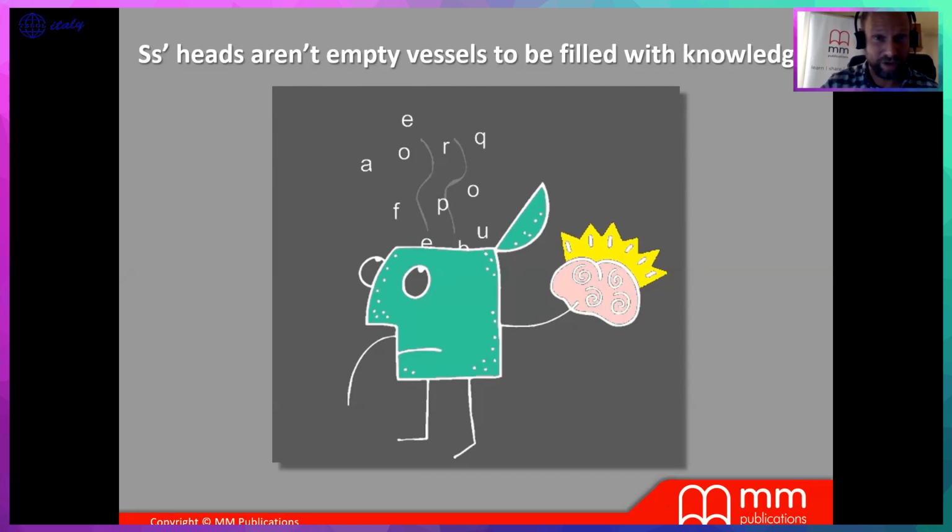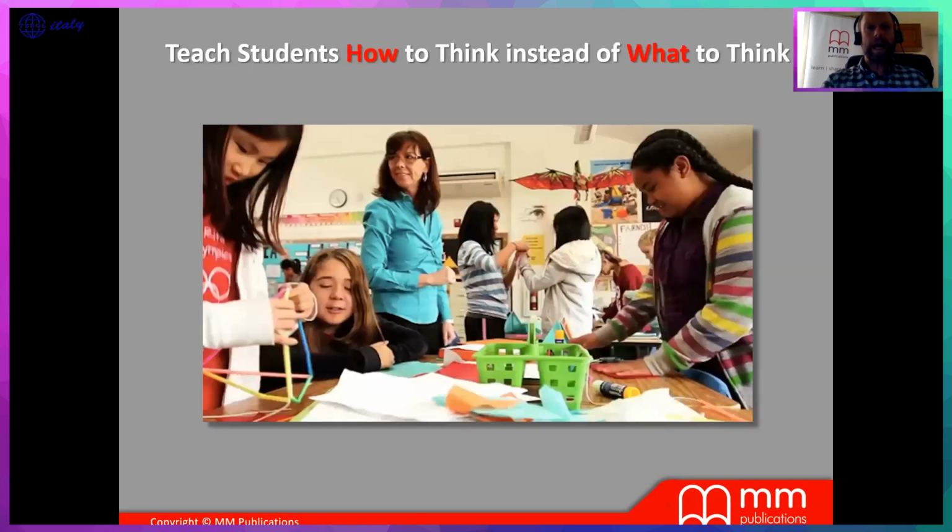They've got background knowledge, and we need to excavate that and take advantage of the knowledge they have in order to flourish it, improve it, and give them more and more ideas, and let them find their space and make connections with what they are already familiar with. So it's a matter of teaching students how to think instead of what to think.